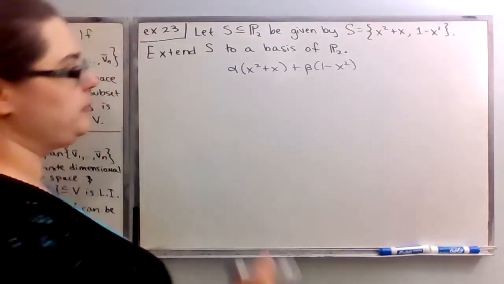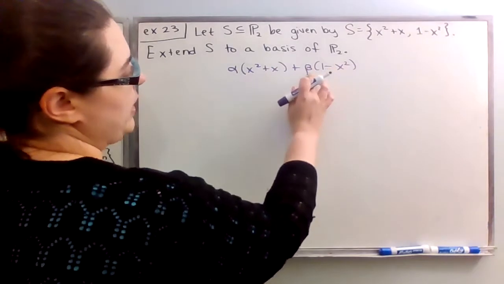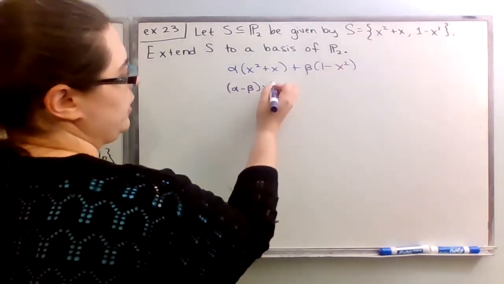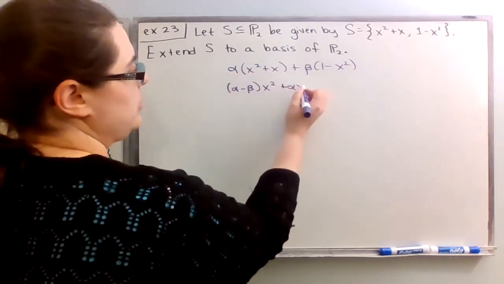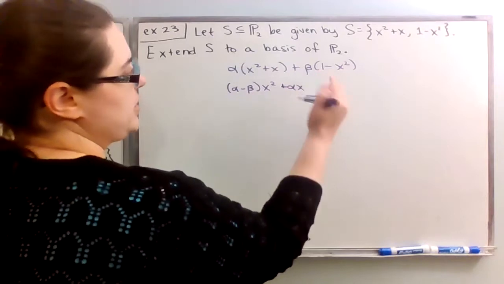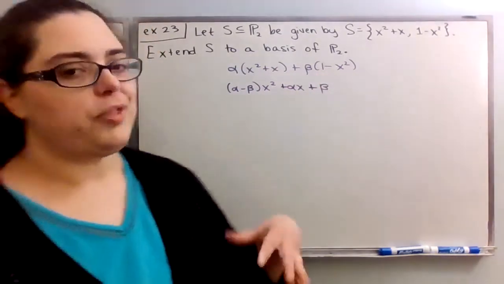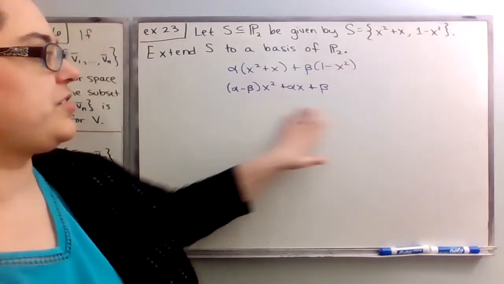So let's do that here. I've got alpha x squared, and then I'm going to have minus beta x squared. So that will give me alpha minus beta times x squared. From here, I get alpha x. And from here, I'm going to get plus beta. So we know that an element in the span of S is going to have this shape to it.